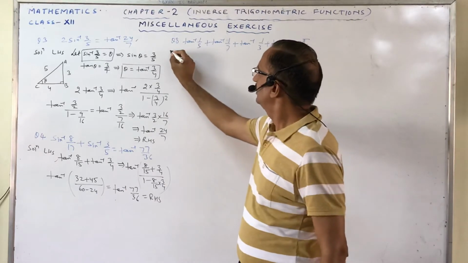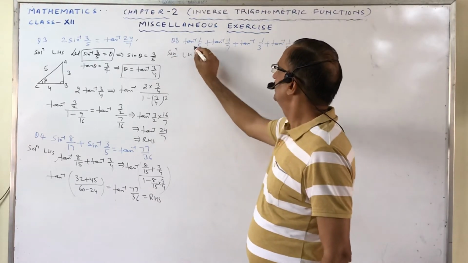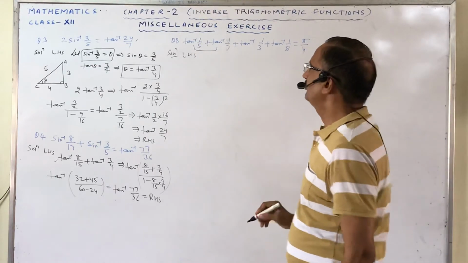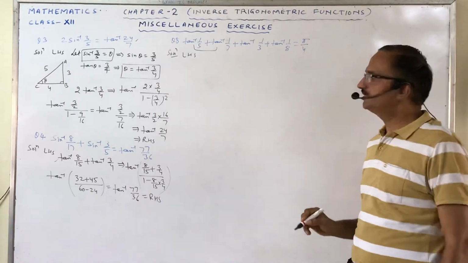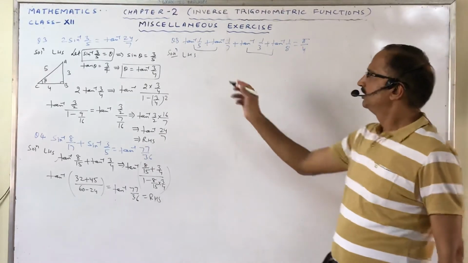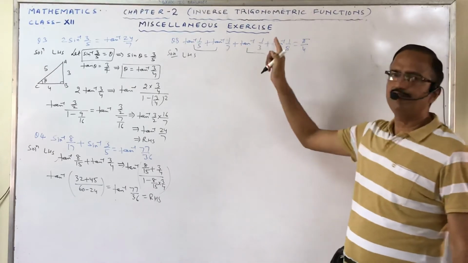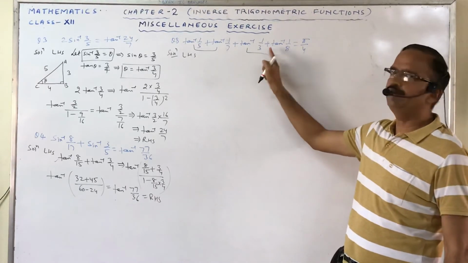So in the left hand side we will use the formula in the first two terms and in the next two terms. So this is tan inverse x plus tan inverse y. The same formula we will apply in the third and fourth term.